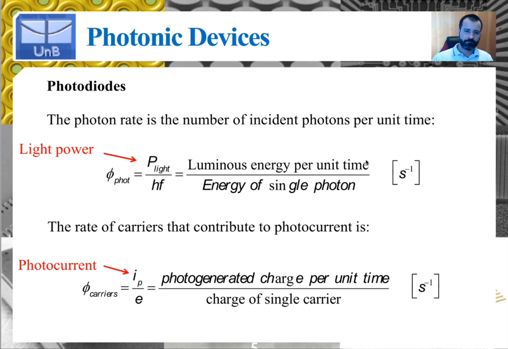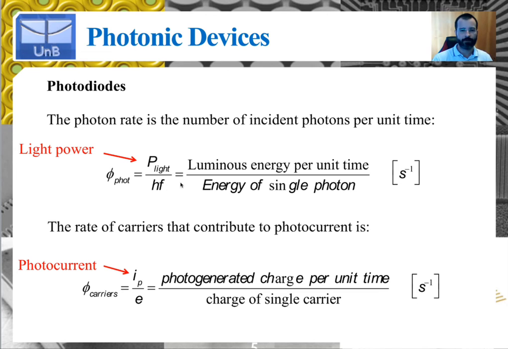device. But how can we define then the photon rate, the number of photons per unit time? Well, as we've seen, if we divide the impinging light power by the energy of a single photon, we'll get the photon flux or the photon rate.